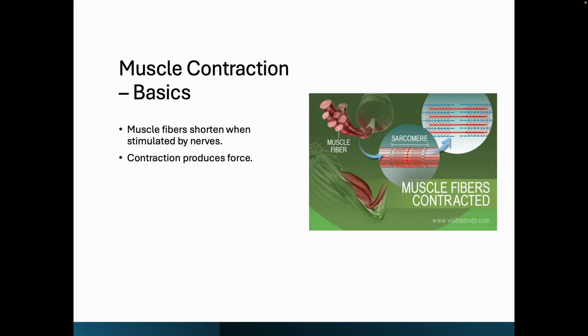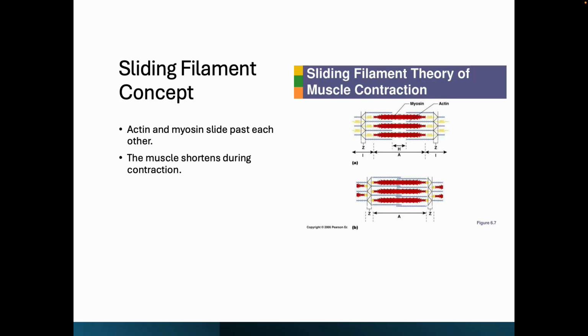Muscle contraction basics. Muscle fibers shorten when the nerves stimulate them, and a contraction produces force. Let's talk about these sliding filaments. So you need something called actin and myosin to create a muscle contraction.